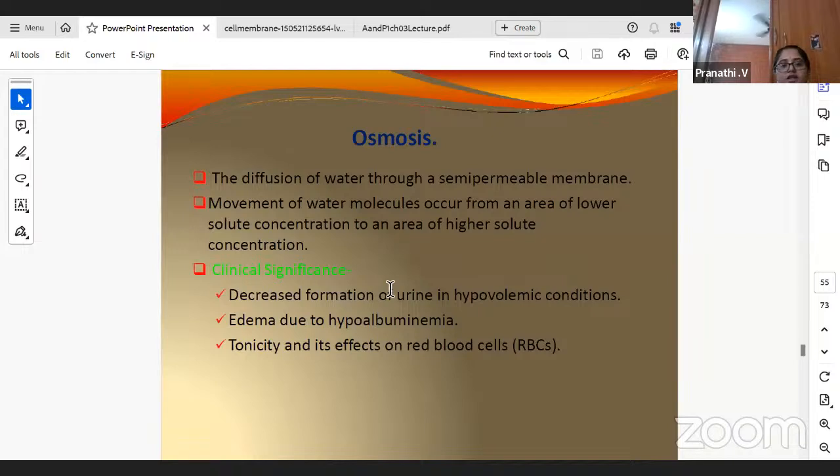And where is it going to be used? Osmosis has to take place, otherwise it is going to have an effect. What is it? Whenever there is no intake of water, dehydration. So you see it in the form of a decreased output of urine. Osmosis is one of the most important factors taking place in every cell, especially in the kidney cells.